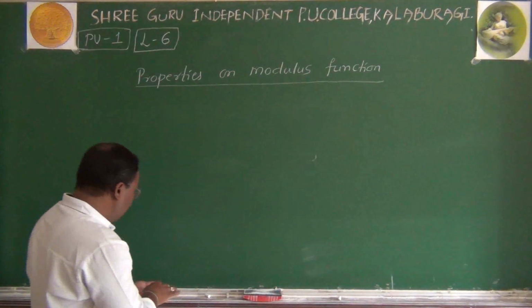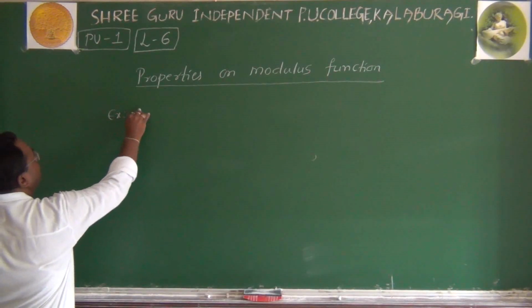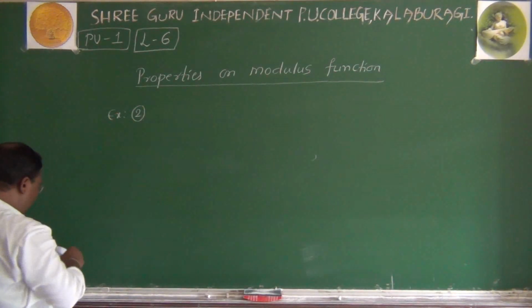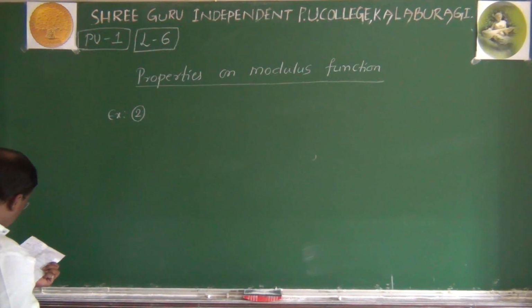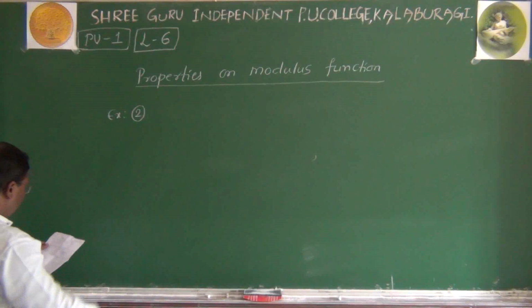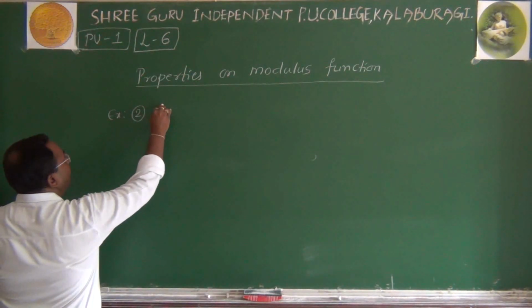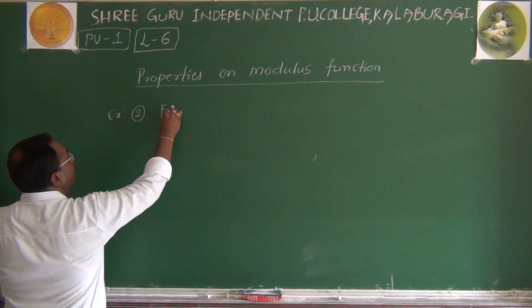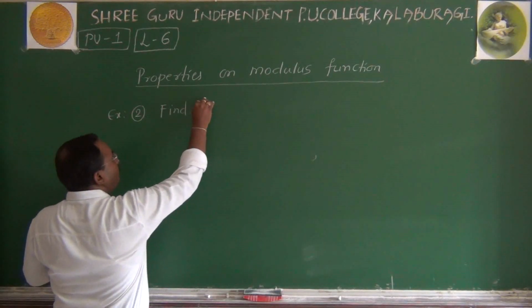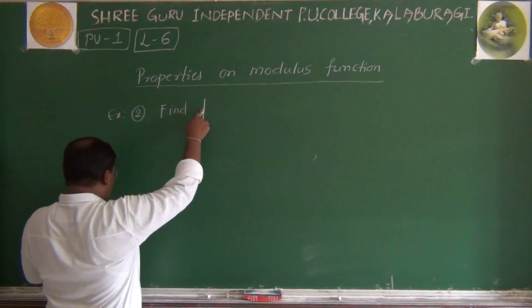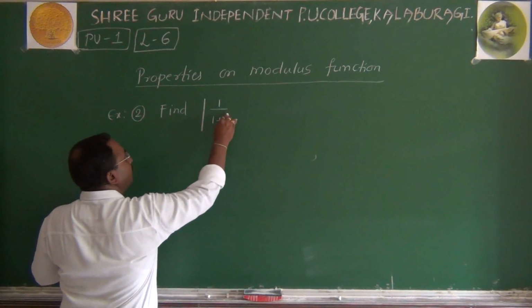Take the next example, number 2. Division form. Some examples are there. Suppose here, find the modulus of 1 divided by 1 plus i.